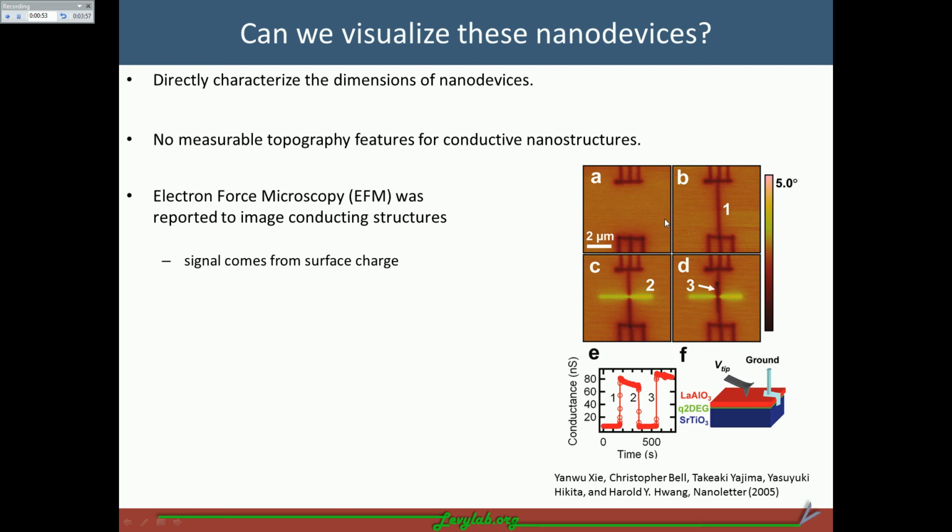Basically, the signal comes from the surface charge, but it has insufficient resolution. We can say that for a single writing, the width of the wire can be more than 100 nanometers. So for better image resolution, we must improve this method or find some other method which can give us better resolution.